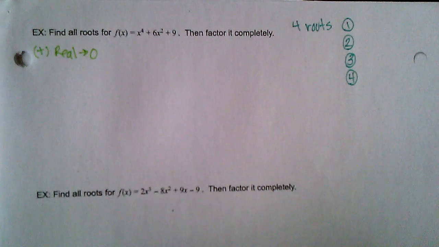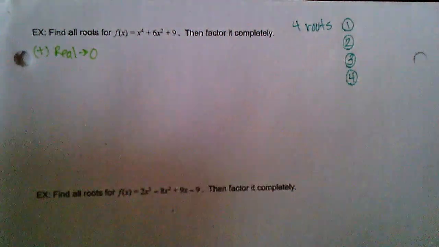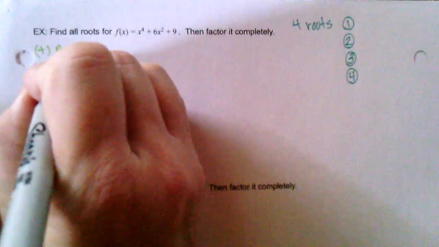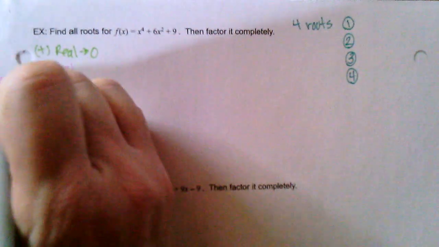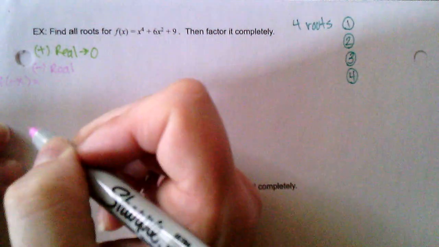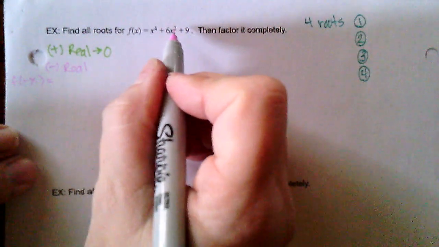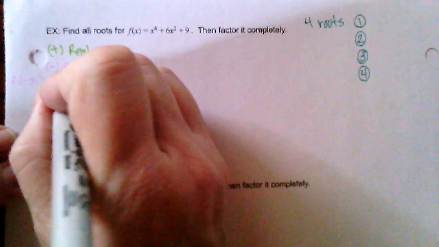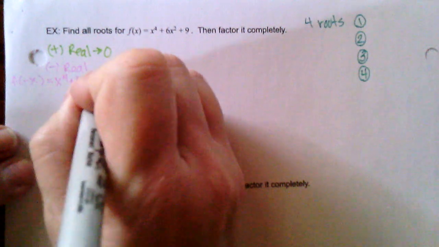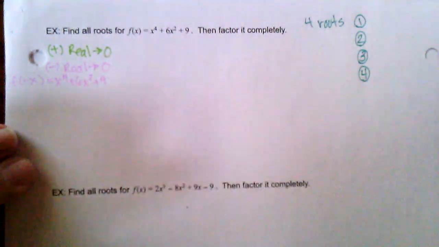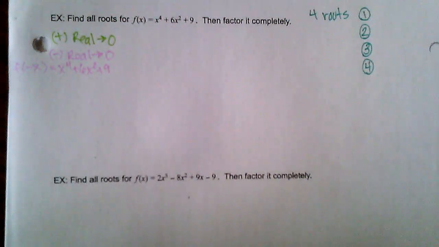Let's look at negative real roots. So we need f of negative x. X to the 4th won't change, x squared won't change, and 9 won't change. So there are also no negative real roots.